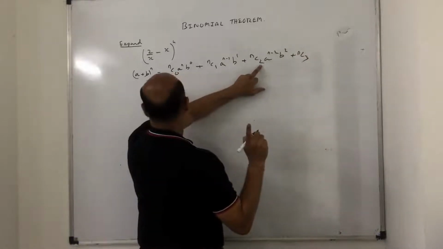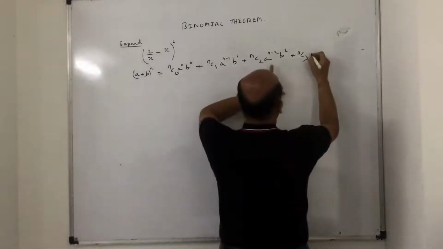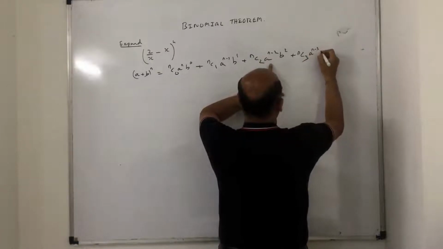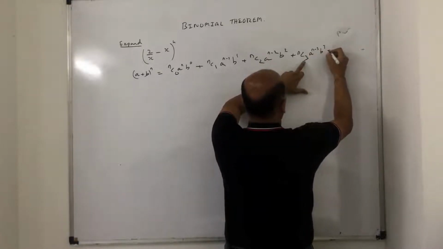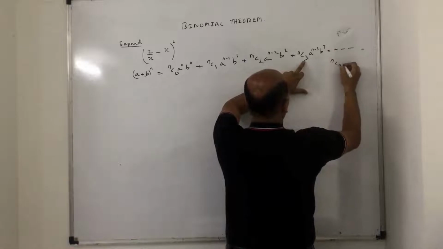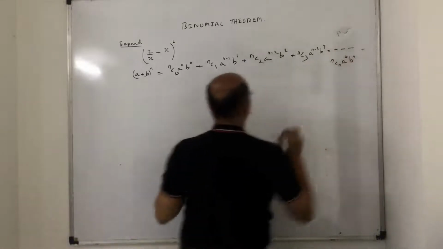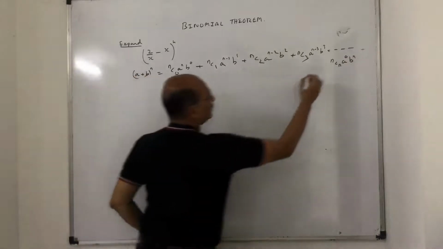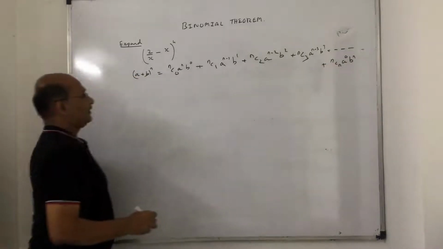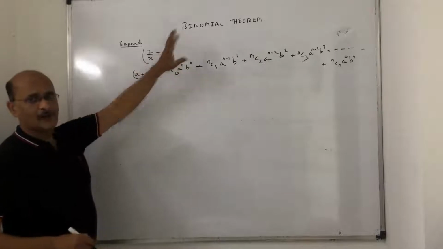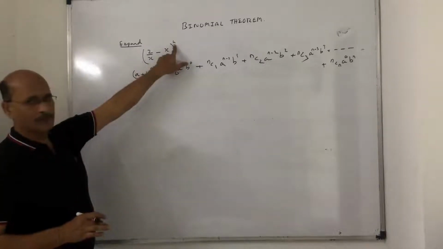Now understand what I am doing. I am doing nC3, a raised to n minus 3 and b raised to 3, and it goes on till nCn, a raised to 0 and b raised to n. Now remember, this goes on till nCn. Now coming to the point, what is the expansion of this term? This is n for me, right?